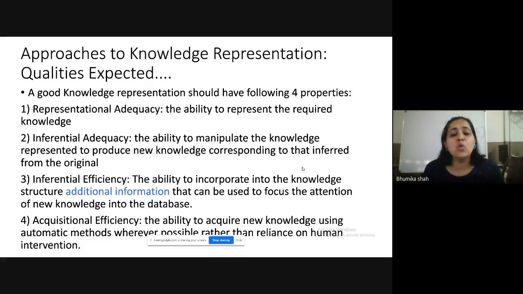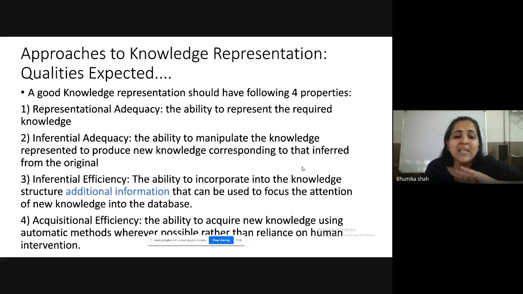The ability to acquire new knowledge using automatic methods whenever possible rather than relying on humans to infer. So you should have certain procedures and rules so that you can automatically acquire new knowledge as and when it is possible. You should be able to solve the problem and get the solutions automatically through those procedures. This is called acquisitional efficiency.